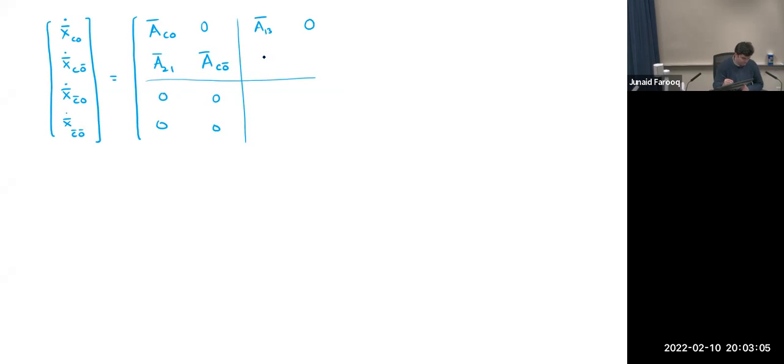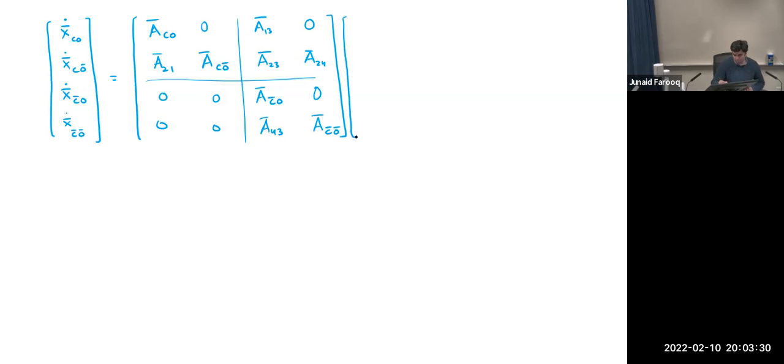We have a 0 here. A23 bar. A24 bar. A bar C bar O. We have a 0 here. We have A bar 43 and A bar C bar O bar.